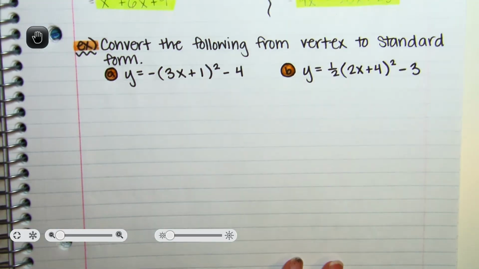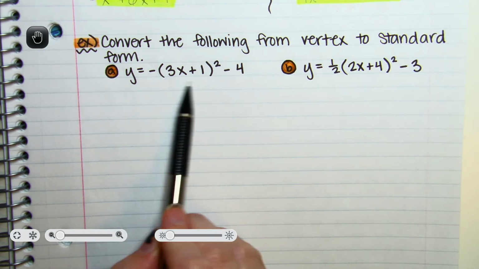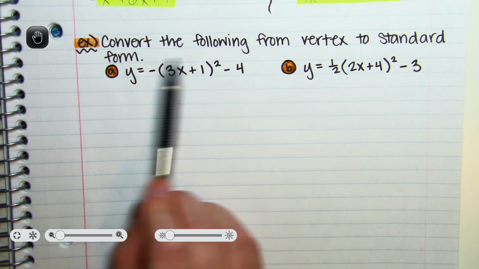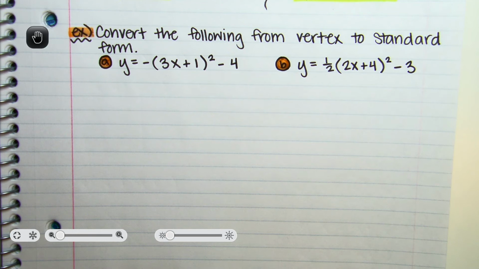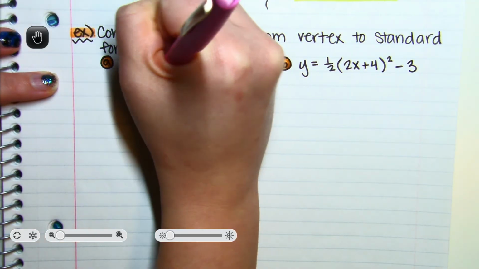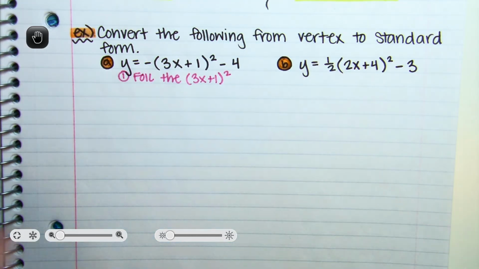So now that we've done the little review on what to do with this stuff in parentheses, I can actually apply it to having more stuff going on in the problem. So we're going to convert these from vertex to standard form. So what I'm going to do first is FOIL the 3x plus 1 squared.